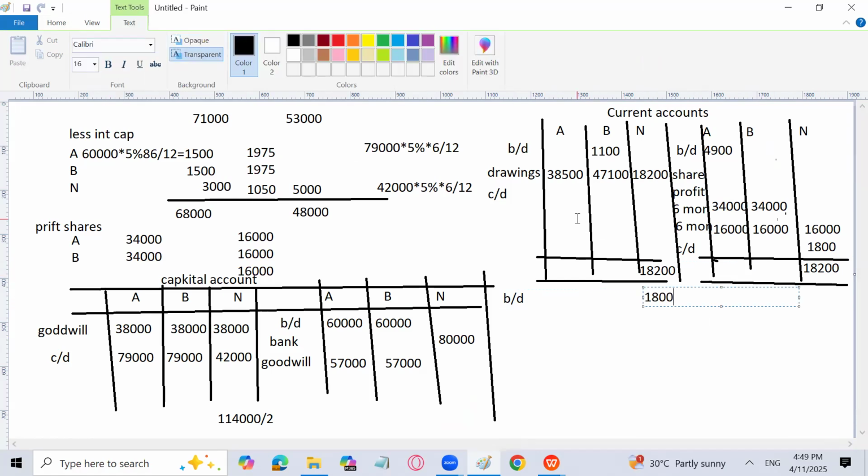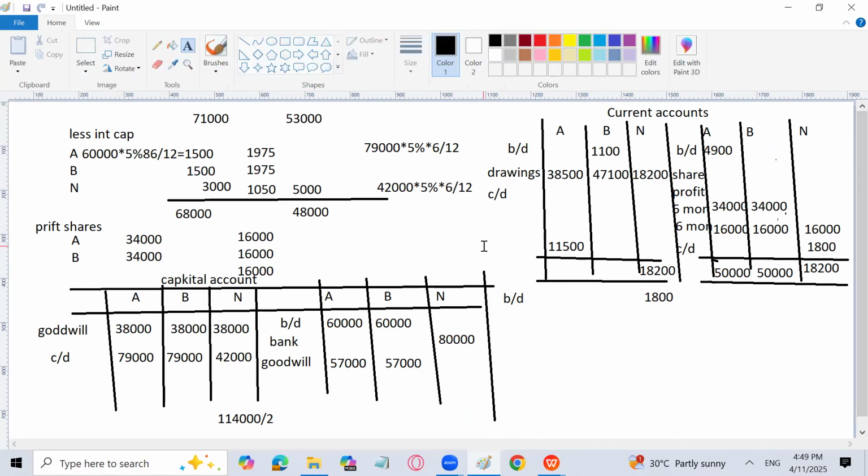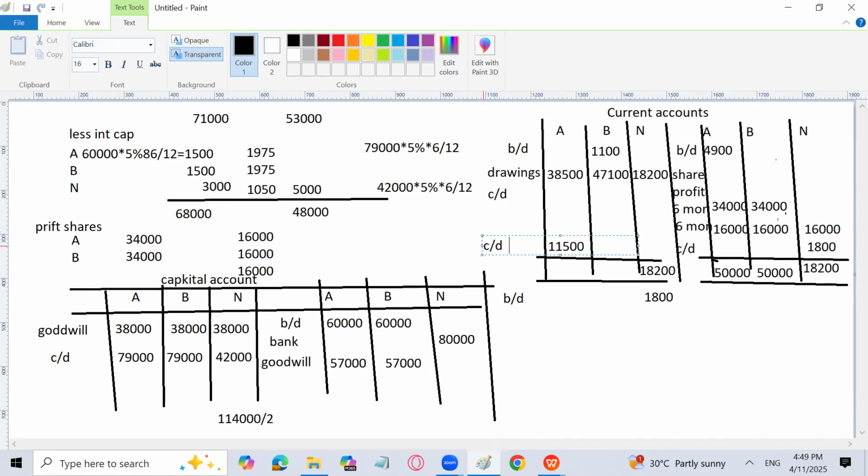For A, again the credit side is heavier. Can you tell me the total of the credit side? 34,000 plus 50,000. You are right. 50,000, and here also comes 50,000. 11,500 is the carry down. And for Blinda, 50,000 minus 47,100.